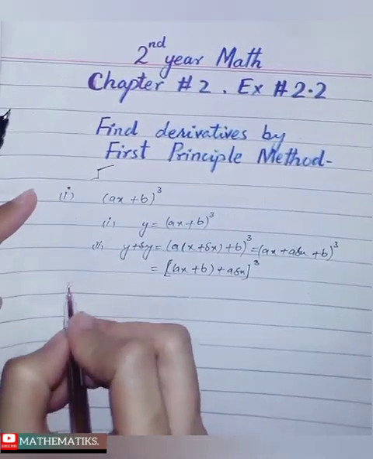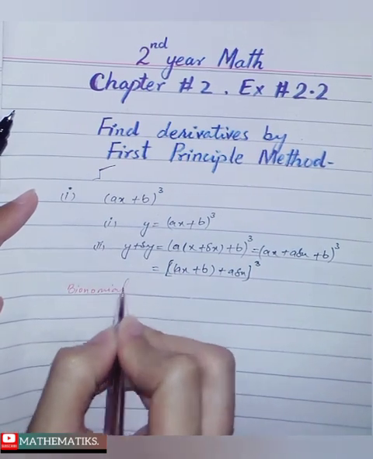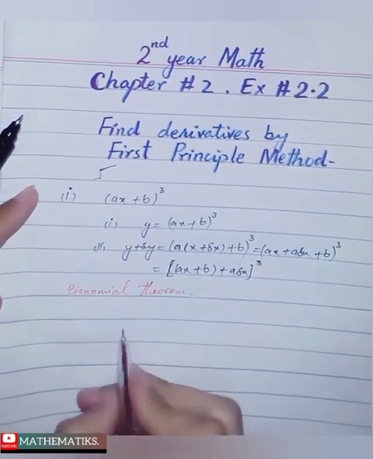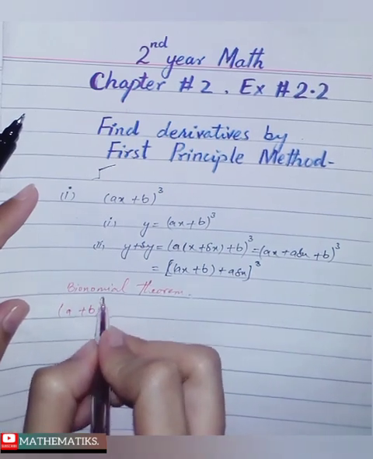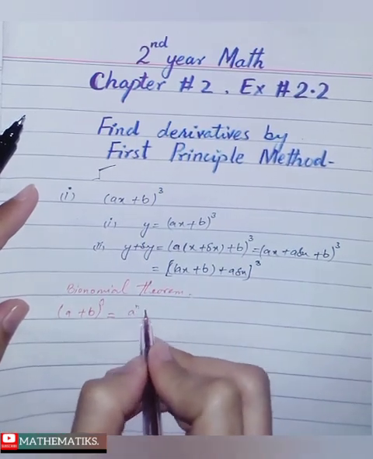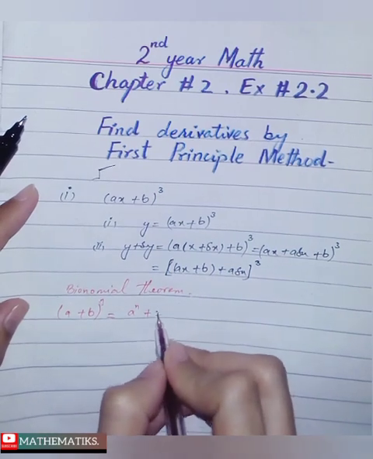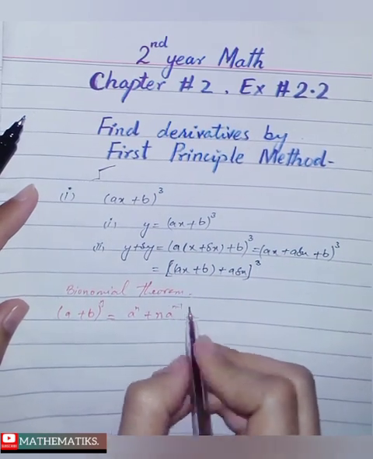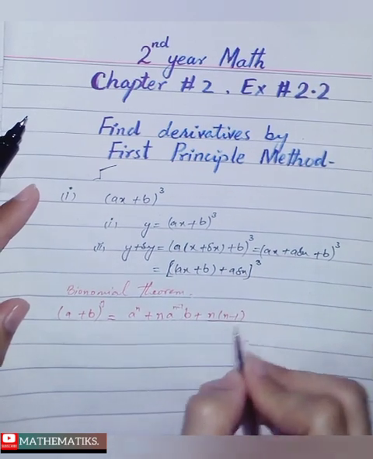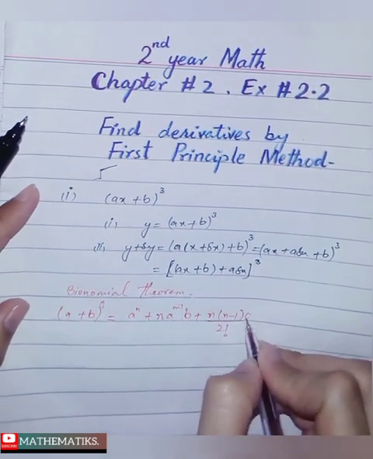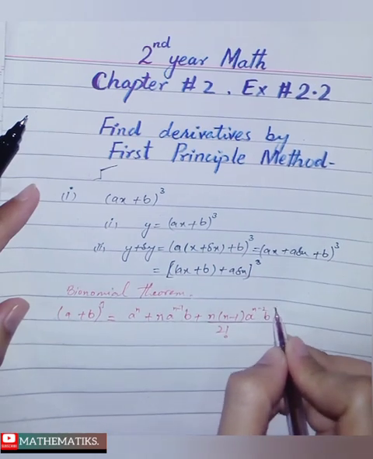I'll show you what the binomial theorem is. It is (a + b) whole power n. It becomes a power n plus n into a power n minus 1 b plus n into n minus 1 divided by 2 factorial a power n minus 2 into b square.